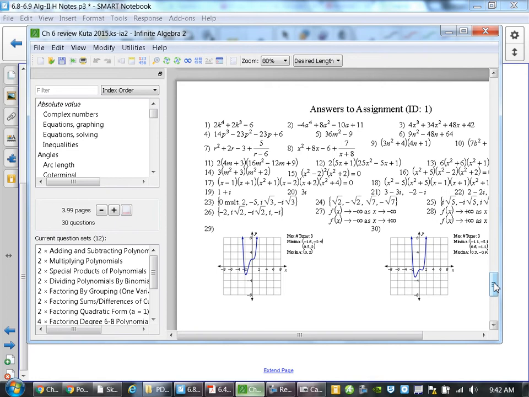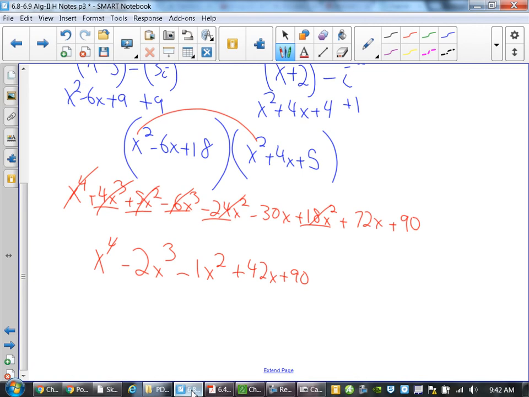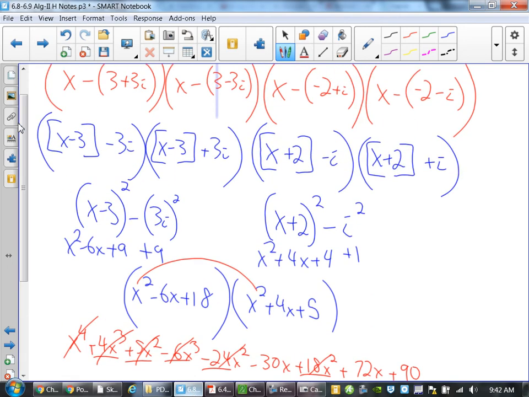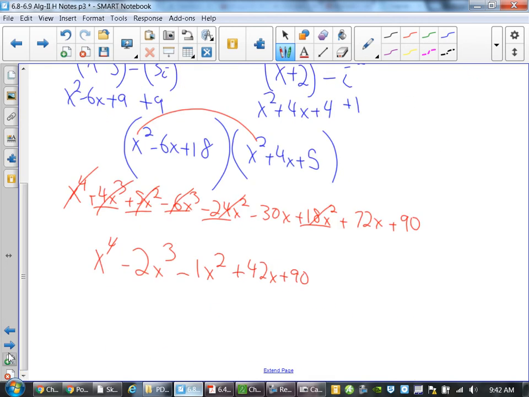Oh, you know why the answers are in here? I forget who was asking about that yesterday. The question stated, what are the missing terms? So the missing terms were the 3 minus 3i and the negative 2 minus i. I just make you multiply it all out, though. That's why.